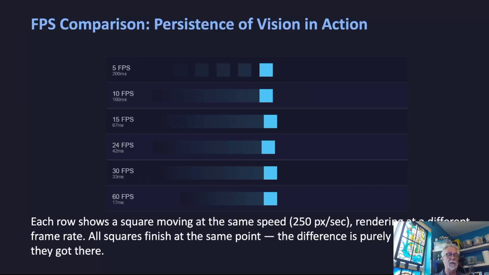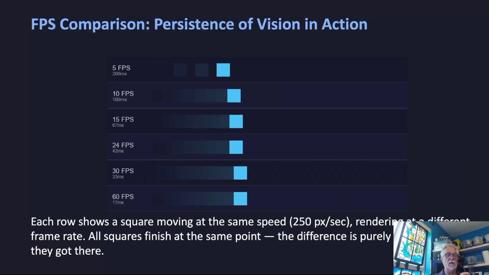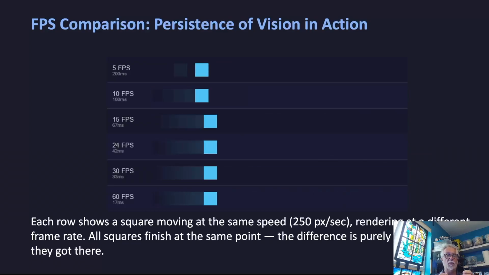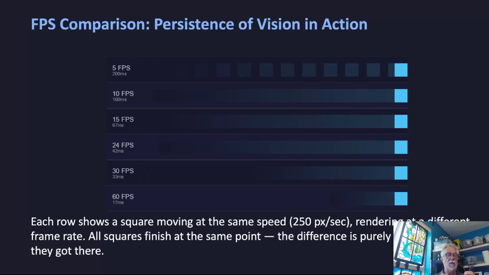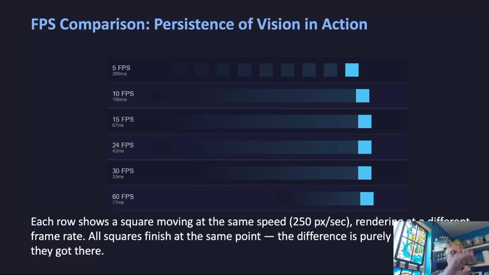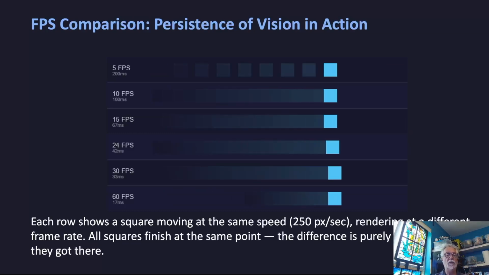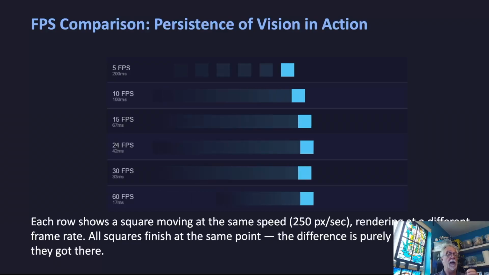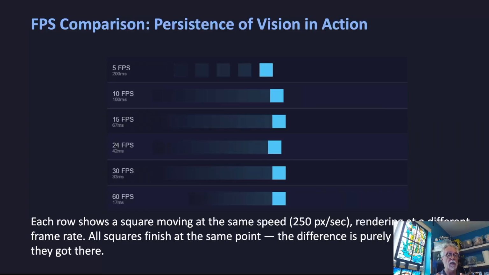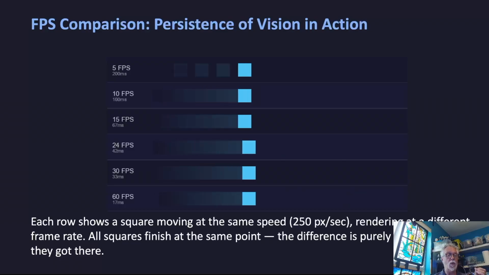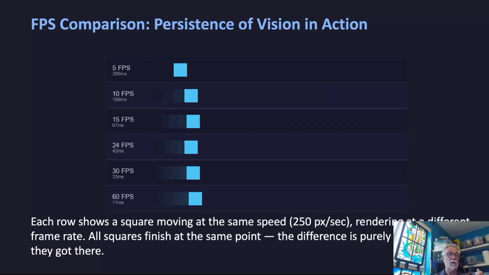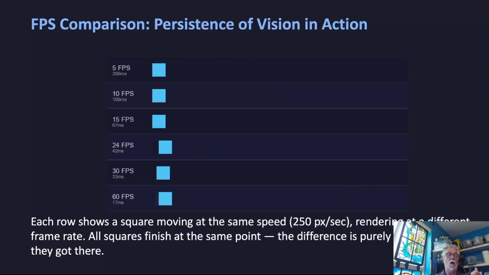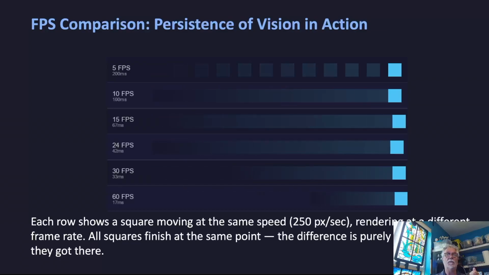At 24 frames per second, it's smoother still, but you notice that we haven't crossed that 25 frames per second. Now, if you look at the difference between the 30 frames per second and the 60 frames per second, just put your hand over the screen and look at those two. You see what I mean. The 30 frames per second looks like a smooth animation, but there's just something not quite as beautiful about it as 60 frames per second. So that's basically what we're seeing here.